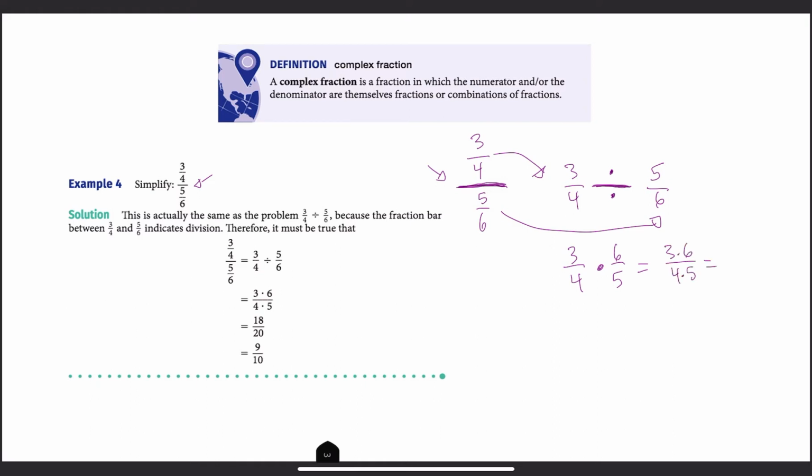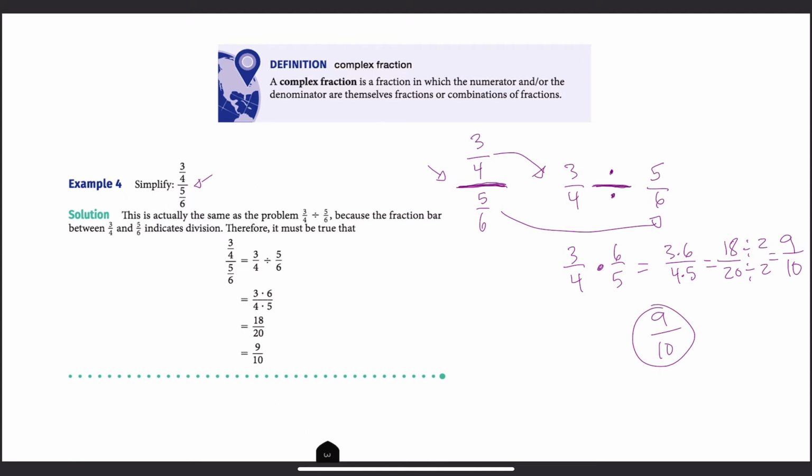Because 4 and 6 are both even, I think I'm going to have some reducing to do. So 18 and 20 are both divisible by 2. All right, 9/10. I think that's as good as it gets.